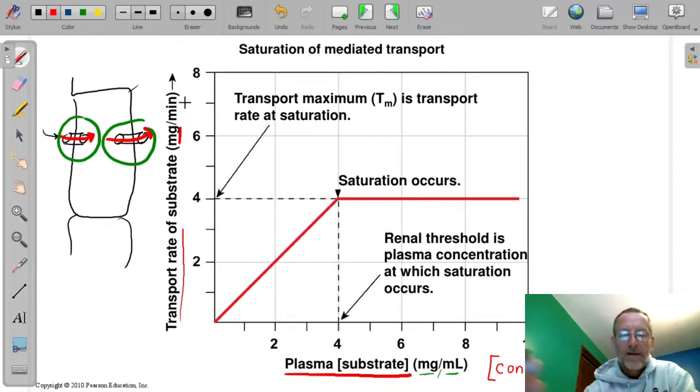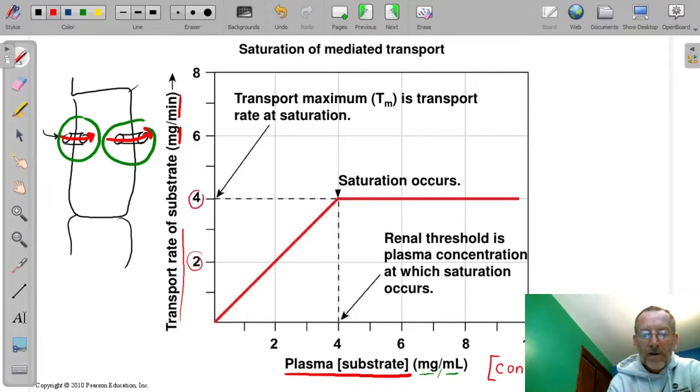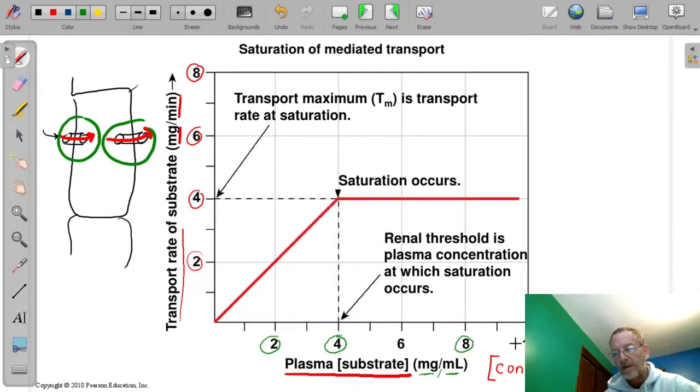So this number 2 would be 2 milligrams per minute, 4 milligrams per minute, etc., 6 and 8 milligrams per minute. That's just the units, just explaining the axes. And again, across the bottom, this would be 2 milligrams per mil, 4 milligrams per mil, etc., 8 milligrams per mil and 10 milligrams per mil.